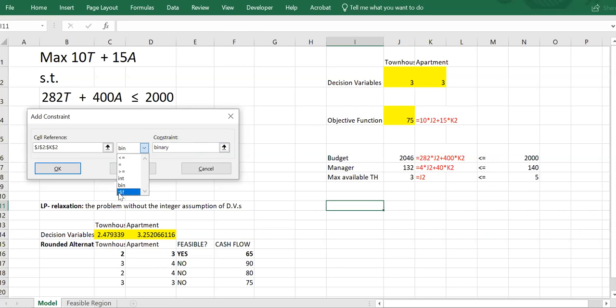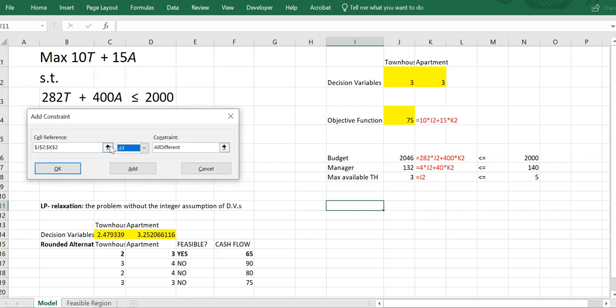And then there's a last one, different or all different, that is a very special type of decision variable. It gives you an enumeration from, let's say, 1 to an integer number. So if you have 2 decision variables, with this one you force them to be 1 and 2.